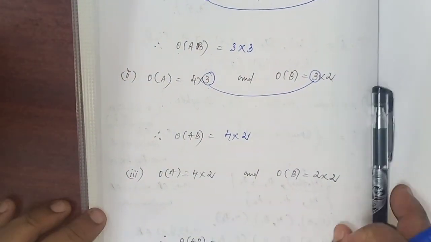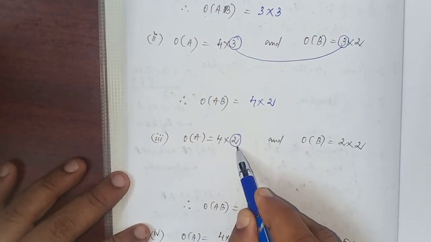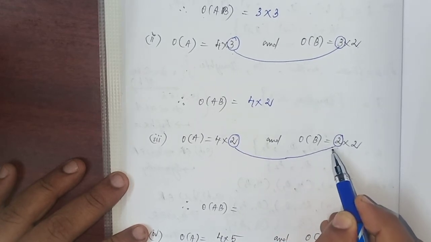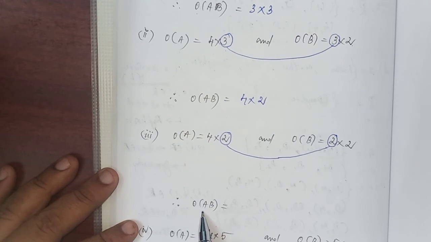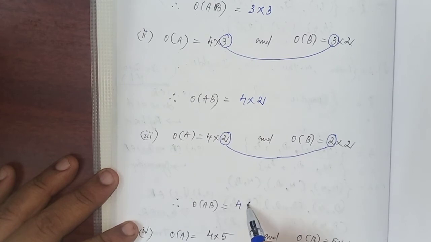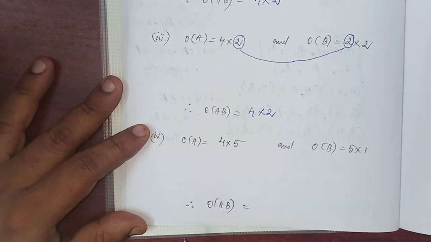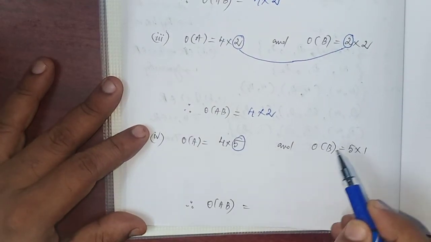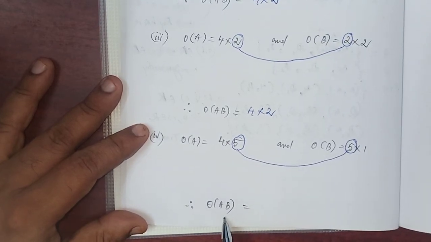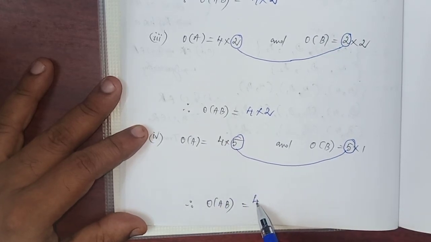Next one, number of columns of the first matrix is equal to number of rows of the second matrix B. The order of AB is, which one is left out here? 4, that 2, 4 by 2. Next one, number of columns of the first matrix is equal to number of rows of the second matrix B. Therefore, the resultant matrix AB has order 4 rows 1 column, 4 by 1.